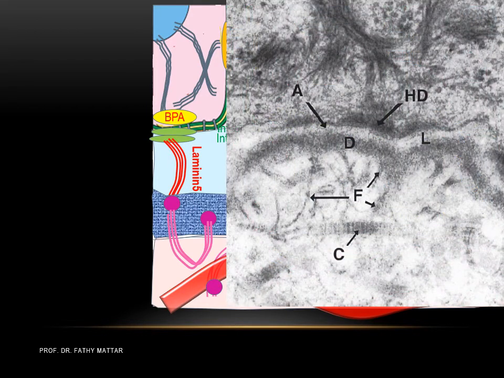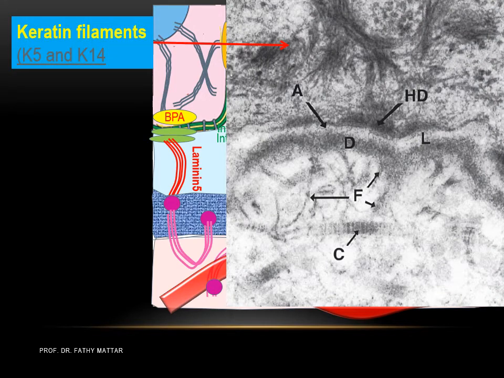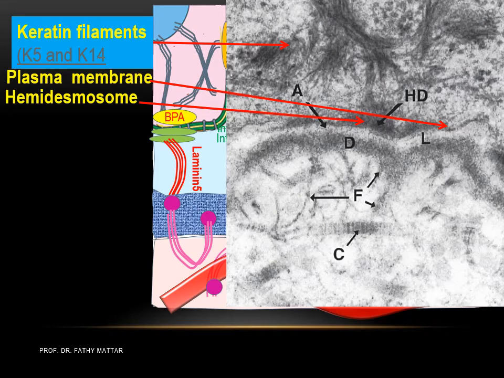In electron micrograph, we'll find that the intracellular keratin filaments, that is the keratin filaments inside the cell, are connected to the hemidesmosome, which is found on the basal membrane of these cells.